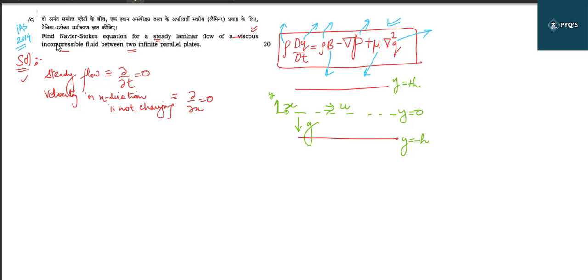The third condition will be the boundary condition: u at y equals plus or minus h is equal to 0, because there is no slip. It is the no slip condition. And now the third is b. Here b is minus g j cap.